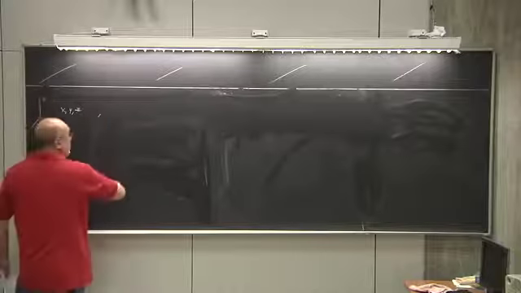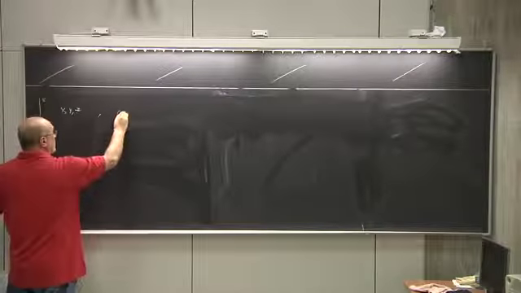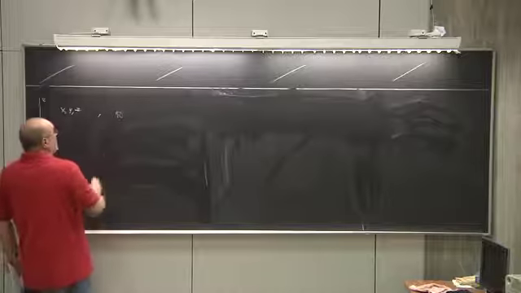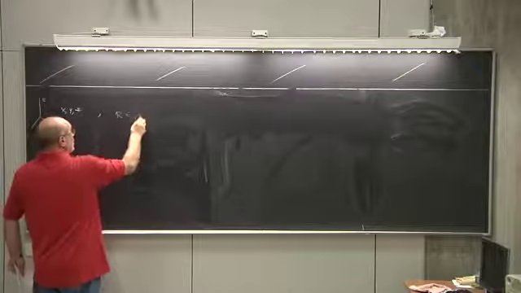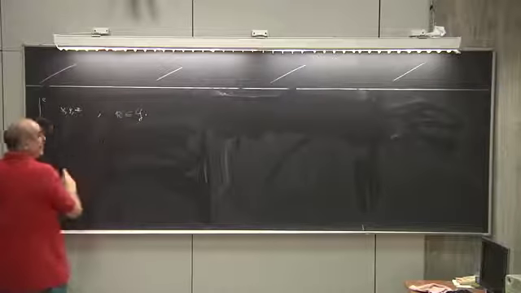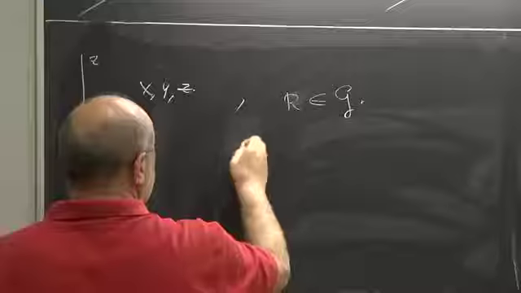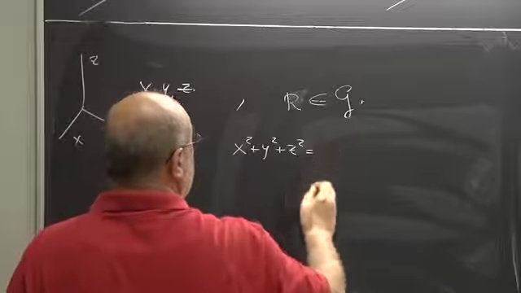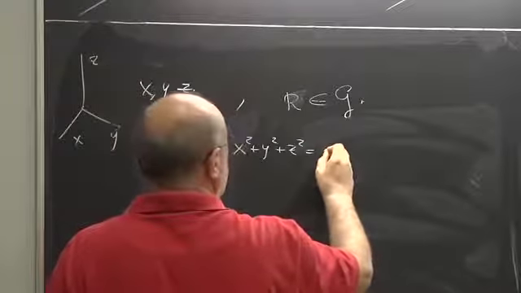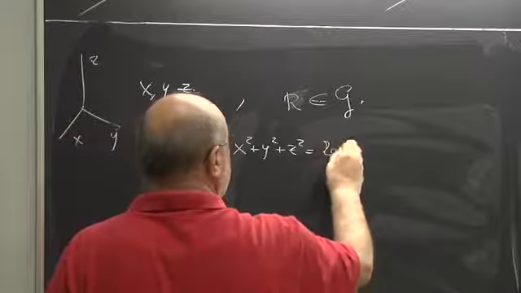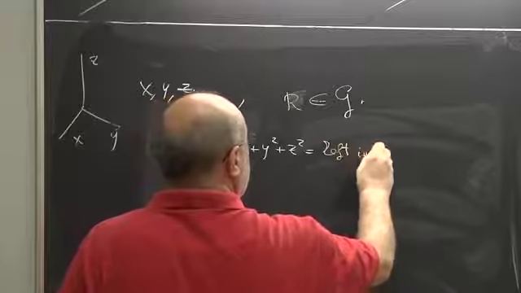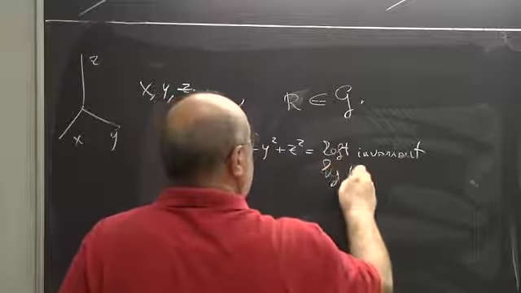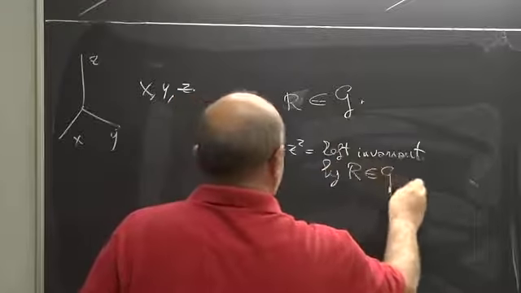Let's take as group elements, let's call them R, the rotations along any axis that preserve this distance. So this is left invariant by any element R belonging to G.